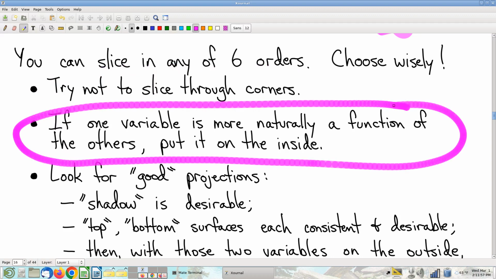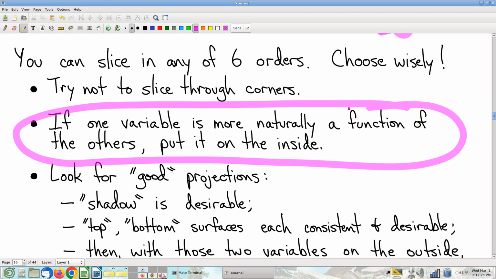Also, think about what you're going to have to solve for as a function of what. If you find yourself with one of the variables being a weird polynomial function of the other variable, you might not want to have to solve for those other variables. You might end up with a cube root or square root even, just as bad.